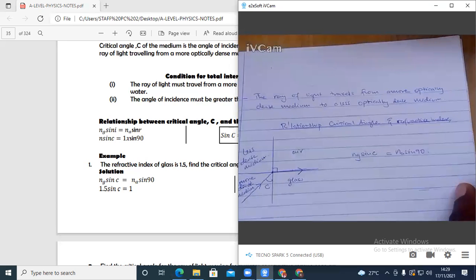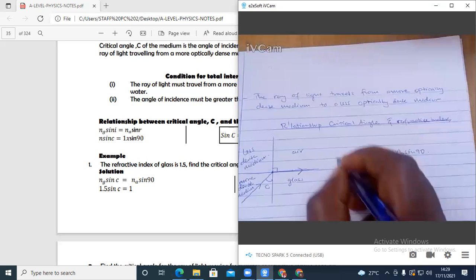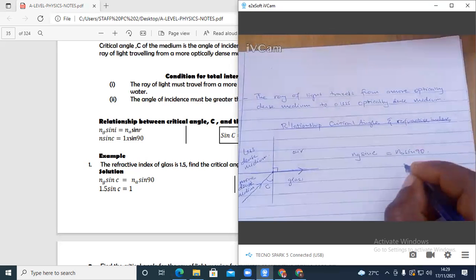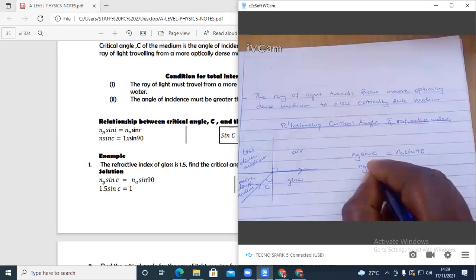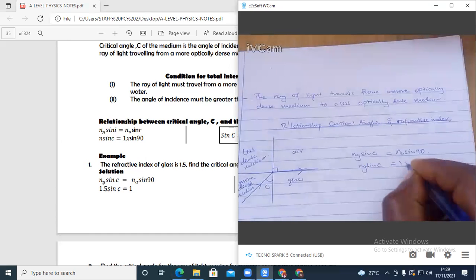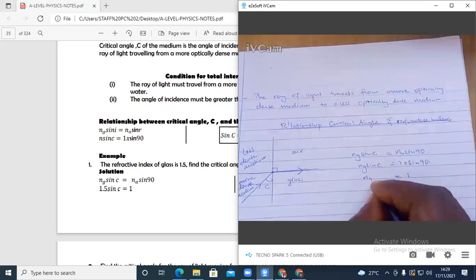Now n air is known as 1. So n glass sine C equals 1 times sine 90. Of course, sine 90 is 1, and we have n sine C.